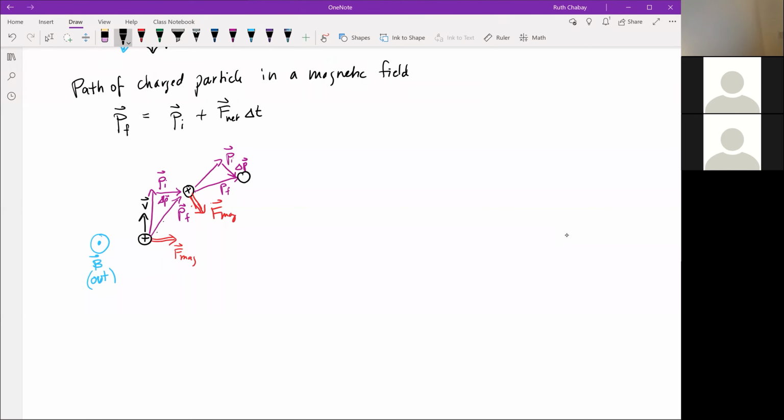We do it again. Here's the particle now. It moved that way for a short delta T. Now here's the momentum. But now the magnetic force has changed direction because it has to be perpendicular to the velocity. So now the magnetic force is this way, and therefore the impulse is like that. We're going to turn the momentum again. And you can see that the particle is going to end up traveling in a circular arc.